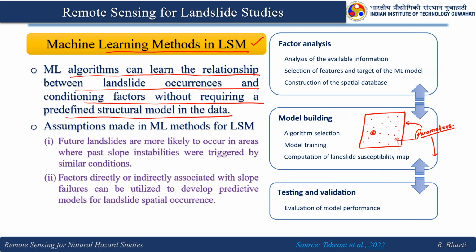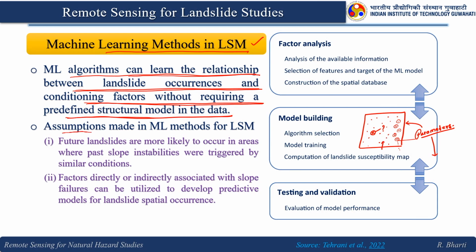Based on that it will generate a set of relationships for all these historical points, and on that basis it will evaluate this particular location, whether it has potential to fail or not. So, this machine learning algorithm can learn the relationship between landslide occurrences and conditioning factors without requiring a predefined structural model in the data, because you are not defining the relationship.